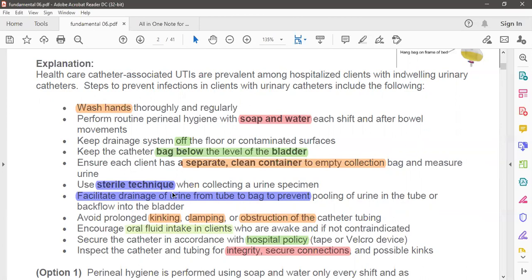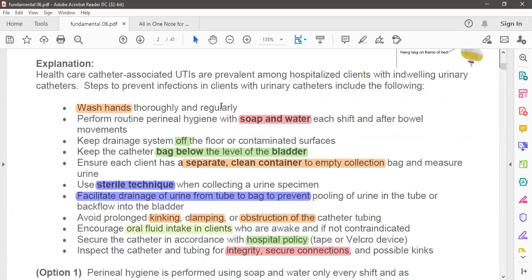There is a step-by-step process. Let me read it. First of all, wash the hands thoroughly and regularly. And you must know, washing hands can prevent 95% of infection.